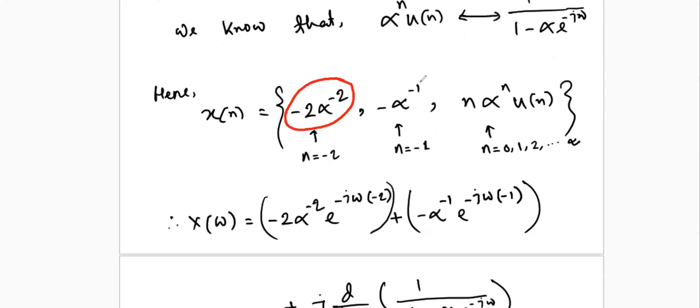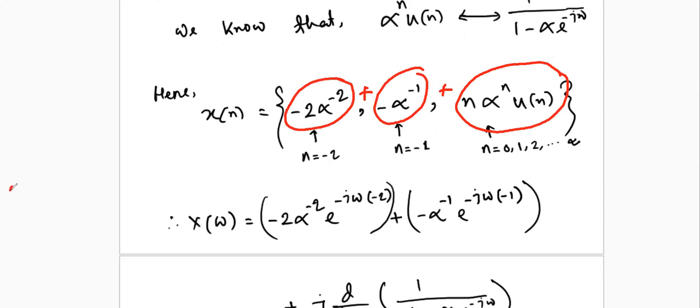Now what we can do is the Fourier transform of each part, and then add those together. Why can we add those together? Because according to the linear operation of the Fourier transform, you can do the Fourier transform of each and every part and then add together.